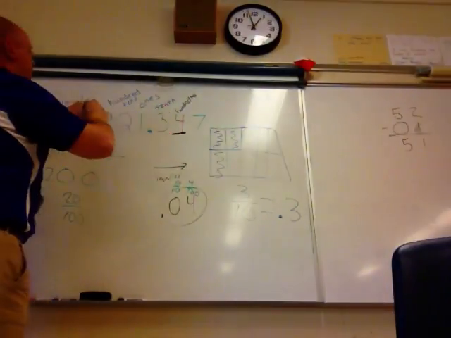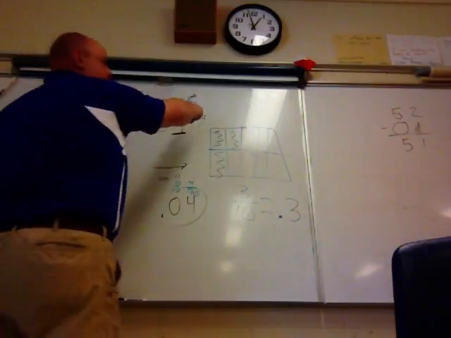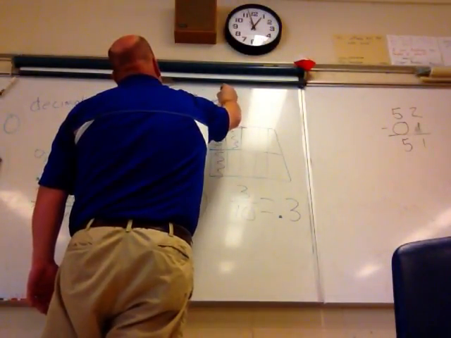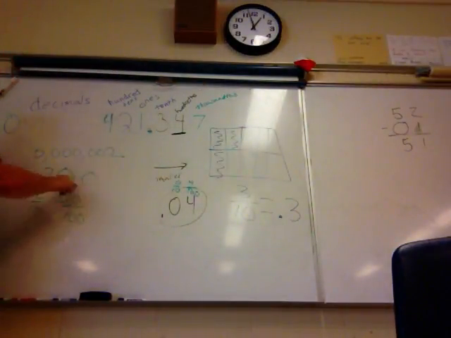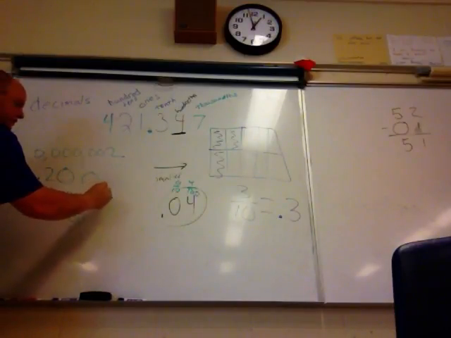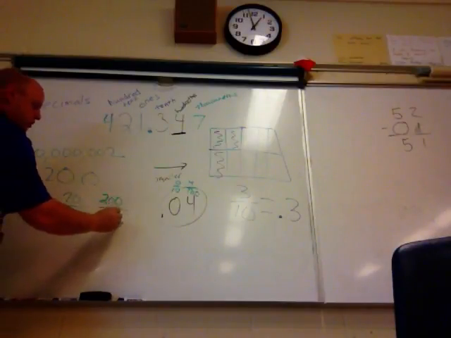What comes after hundreds? Thousands. Which means if we're going to decimals, it's going to be thousandths. Okay? So this would be 200 thousandths.